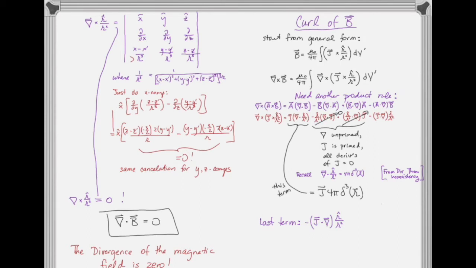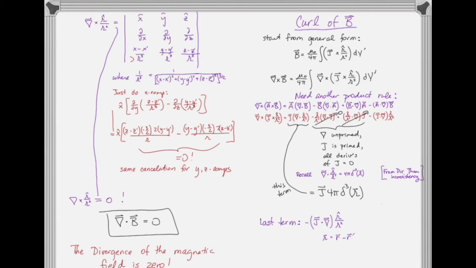We just had this issue where when we take the derivative, everything's 0 whether we're doing the primes or the unprimes. At a later step in the problem, I'm going to want to use the divergence theorem, but I need them to be with respect to the same variable. So I'm going to do a swap, where instead of del in terms of the unprimes, I would like to switch it so that it's the primes. I can only do this because I'm doing it on the script r vector.